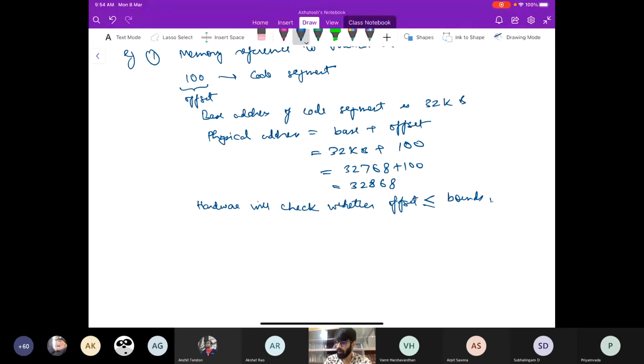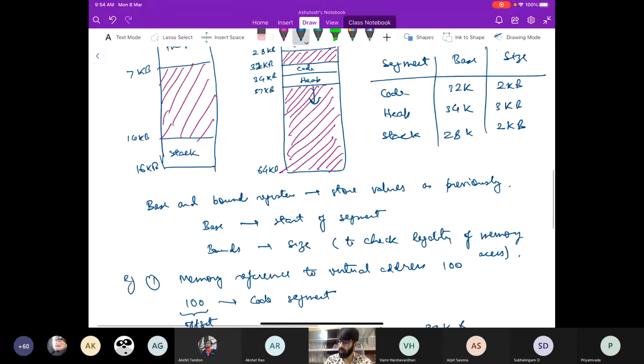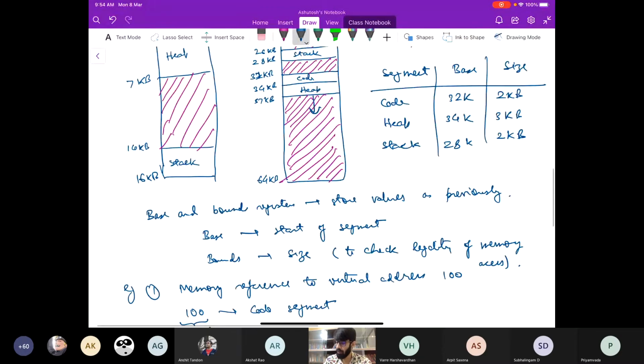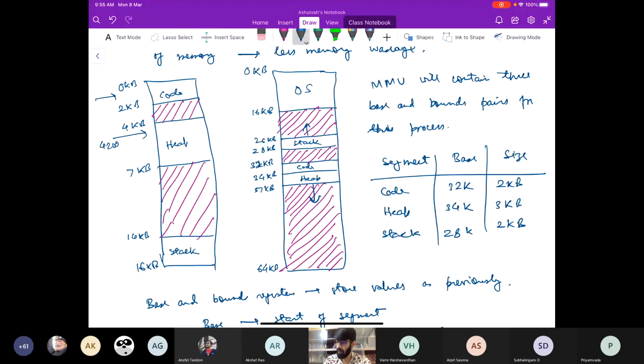Okay, so suppose now another example, let's take the heap. So suppose a memory reference to address 4200 of the heap. Okay, so if you see, 4200 will come somewhere here, right?